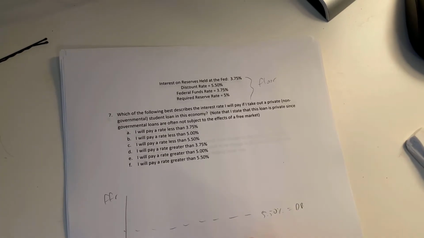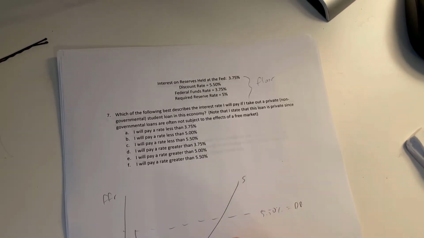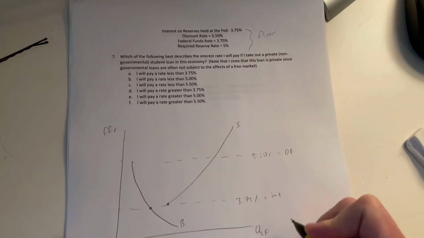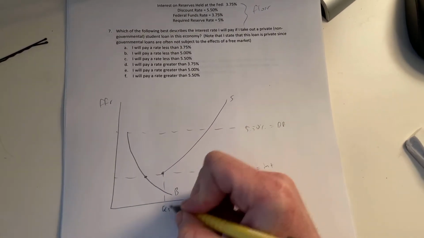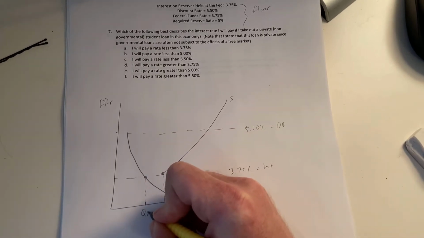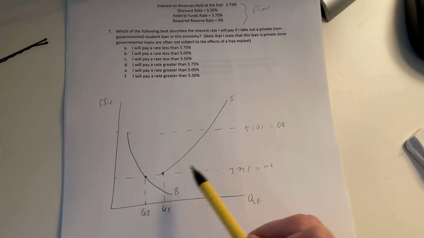And so in this case, our situation looks something like that. At this moment here, the quantity saved is greater than the quantity borrowed. So there's excess money saved, and that excess money would be saved at the Fed.